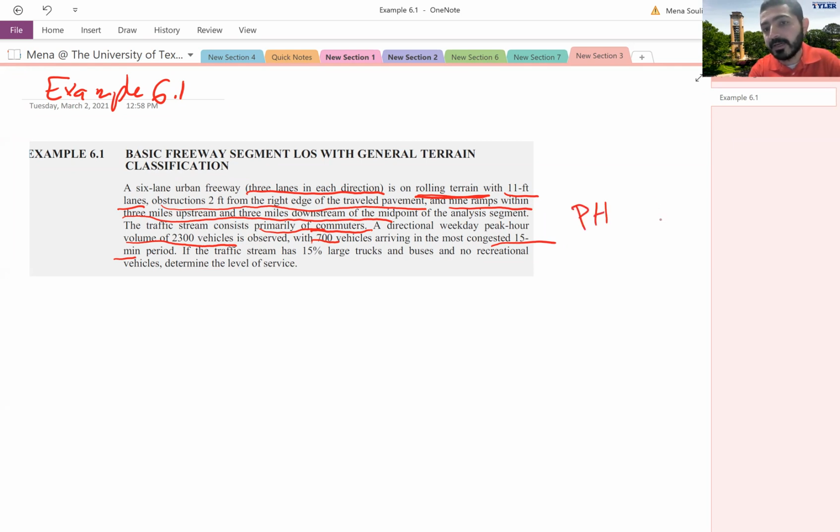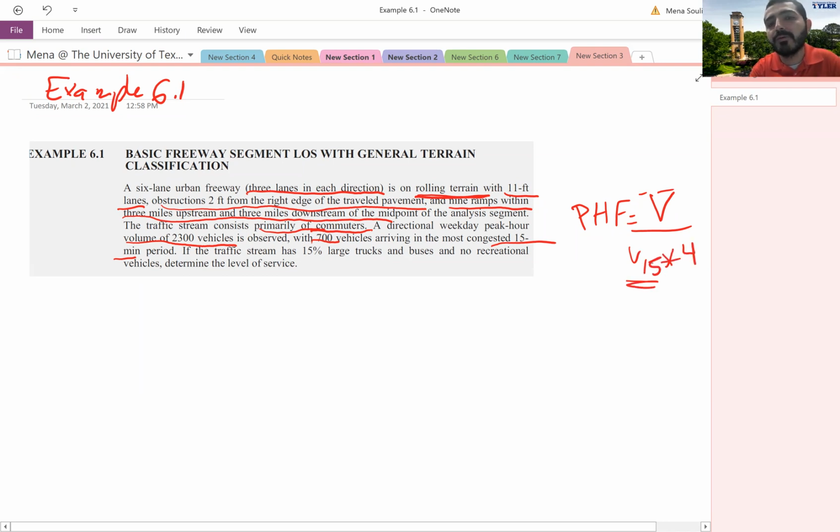Remember, the peak hour factor is equal to capital V, the volume in the full hour, over V15 times 4. V15 is the flow rate in the worst 15 minutes within that peak hour, and that is in this case 700. If the traffic stream has 15% large trucks and buses and no recreational vehicles, determine the level of service.